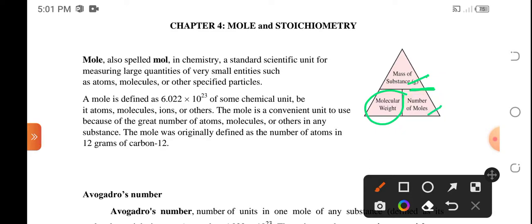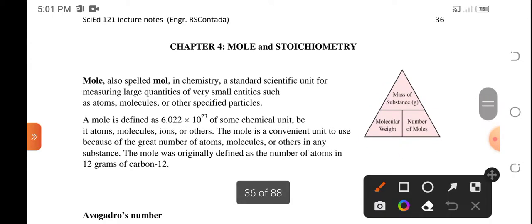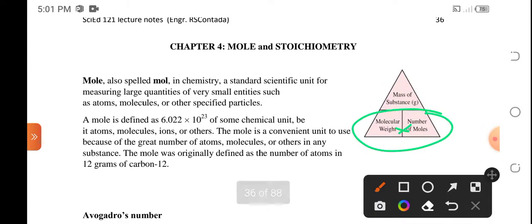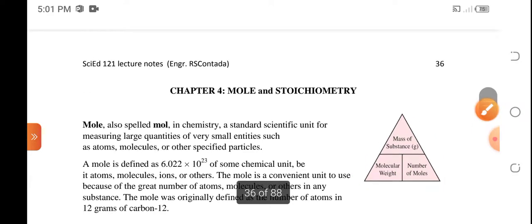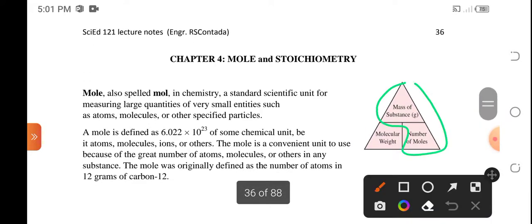Okay? And if you are looking for the number of moles, it could be computed by mass divide by molecular weight. Okay, so kapag ito nasa taas, nasa baba, division. Pero kapag magkatabi sila, multiplication. Okay, pero kapag merong isang nasa taas, nasa baba, division.